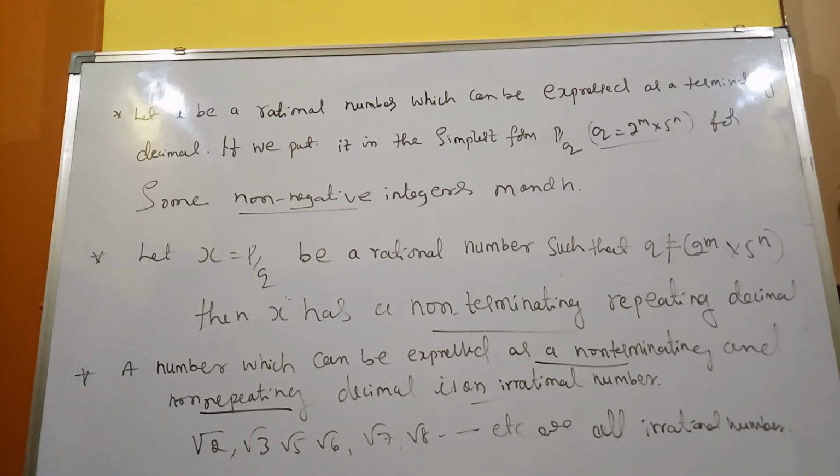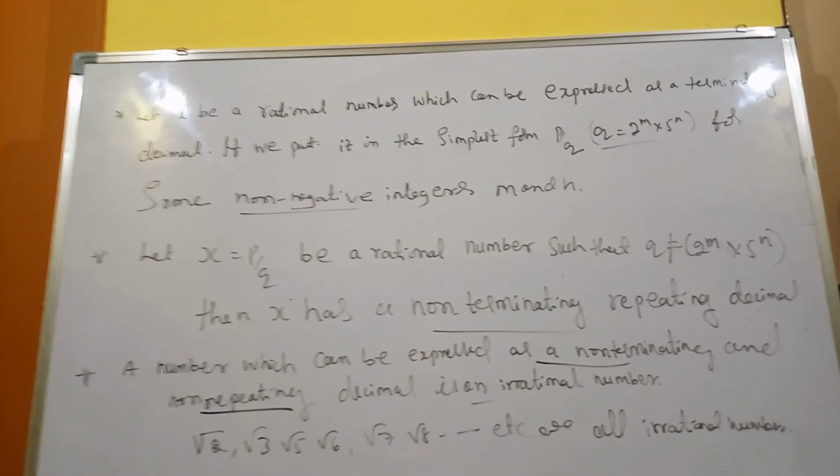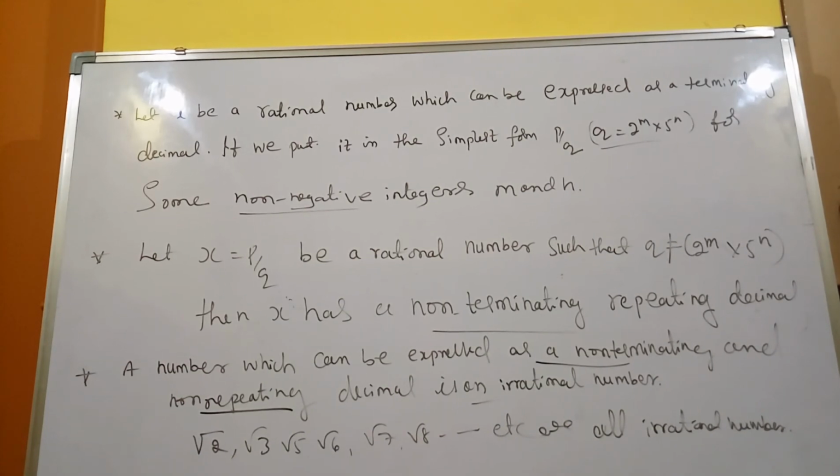They ask in the exam: show that root 5 is an irrational number, root 3 is an irrational number, or prove that root 2, root 5, root 6 are irrational numbers. So this is the most important point in this chapter. Have you understood, students? A number which can be expressed as a non-terminating and non-repeating decimal is an irrational number.